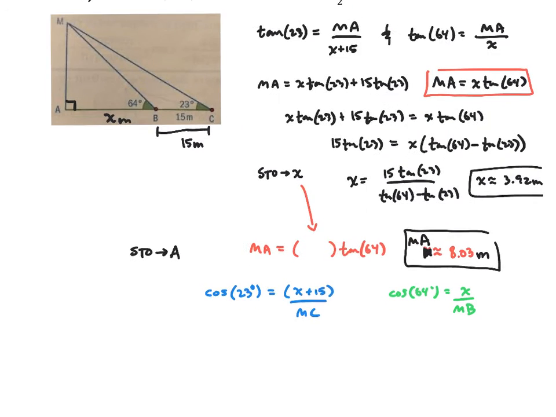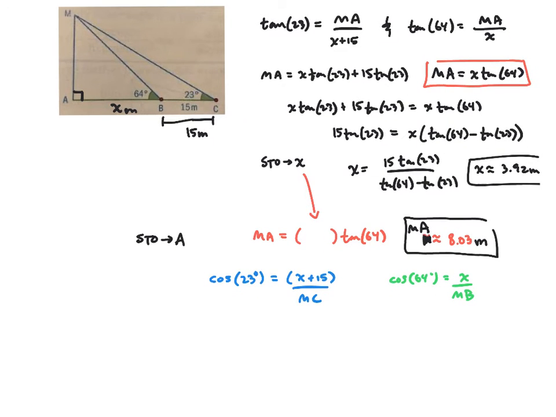Now I can find expressions for both MB and MC. MC would equal x plus 15 over cosine 23. This is really important now that I have x stored because I can just plug and play for x. So I have stow x, I can use it right there.